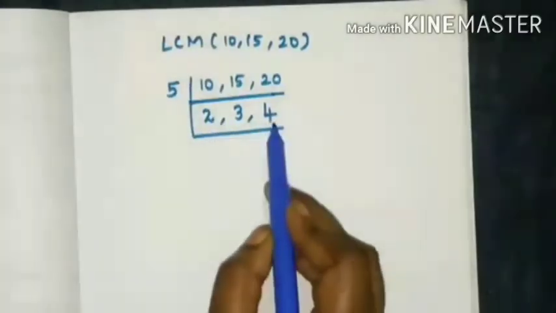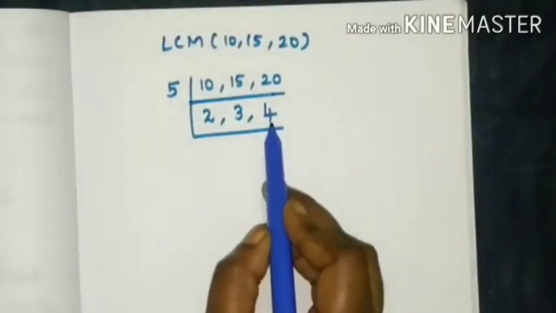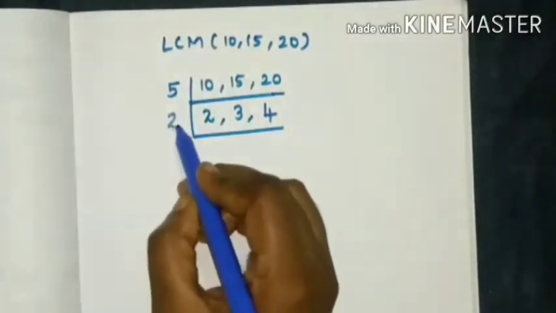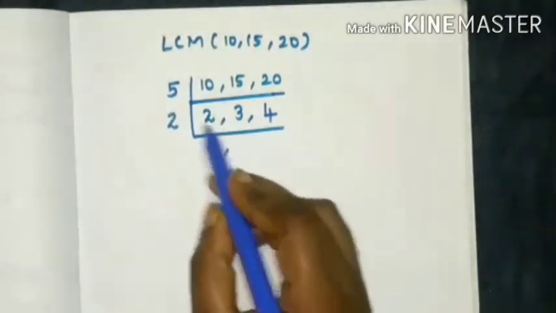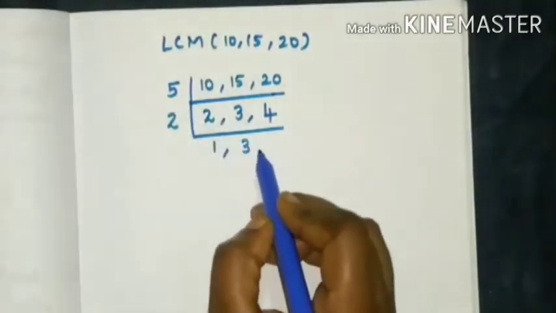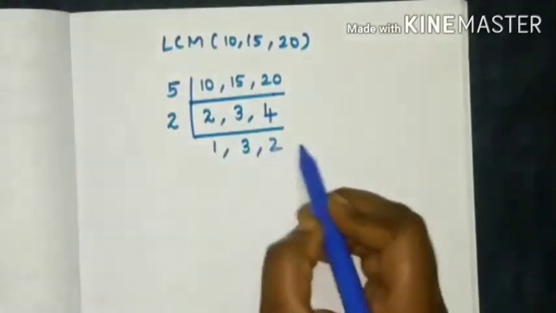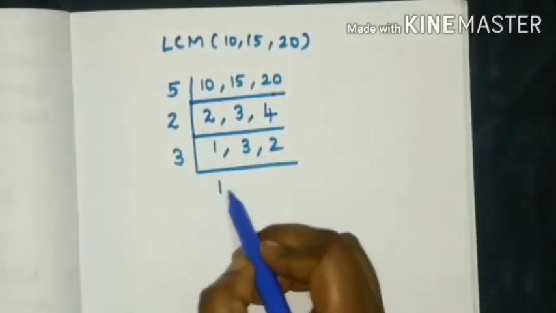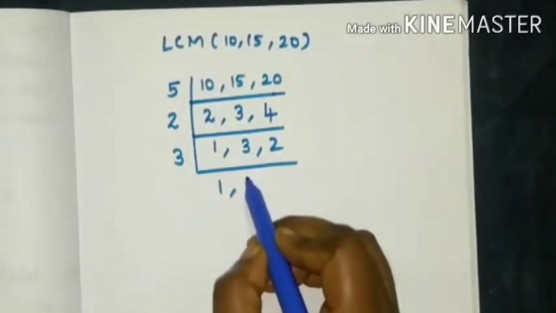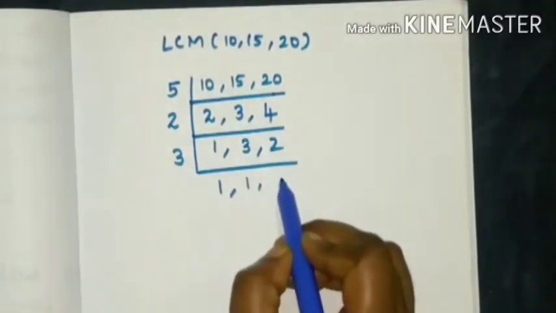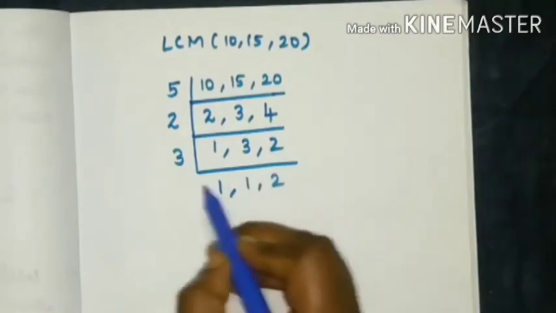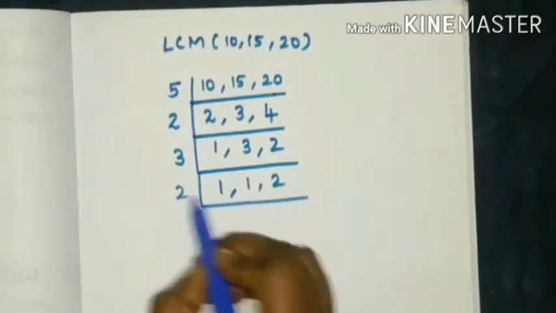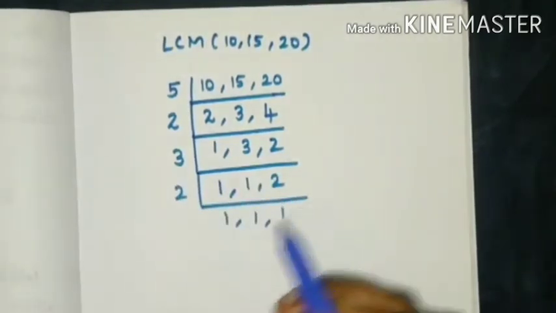Then here 2 and 4 are even numbers, so it is divisible by 2. 2 1s are 2. 3 is not divisible by 2, so bring down the number 3. 2 2s are 4. Then 3 table: 3 1s are 3. 2 is not divisible by 3, so bring down the number 2. 2 1s are 2.